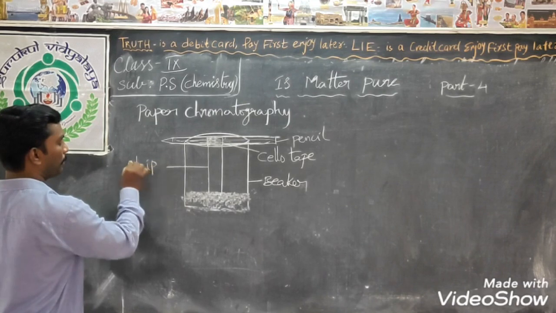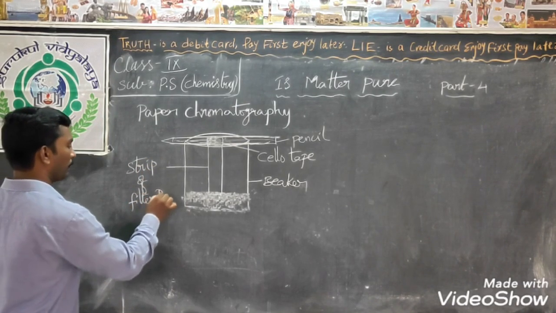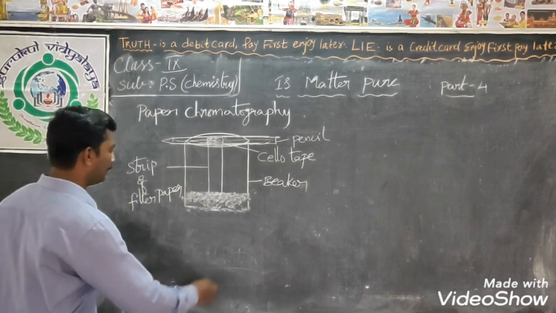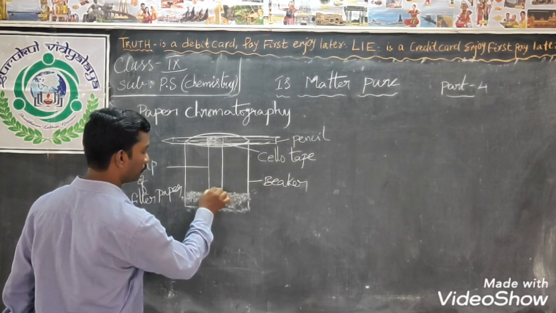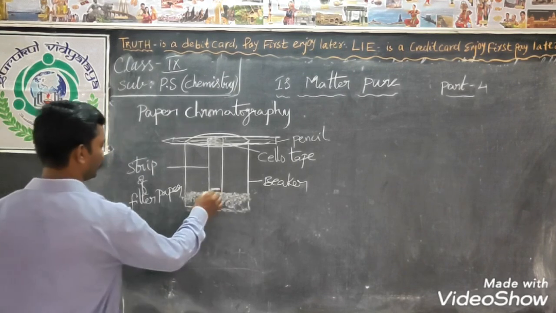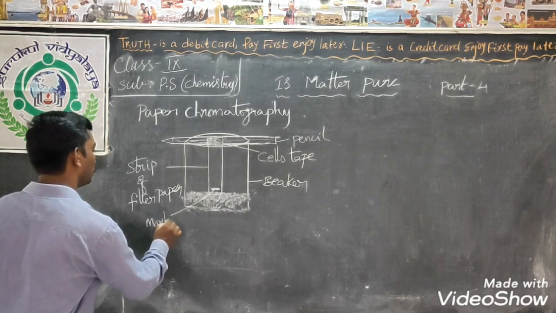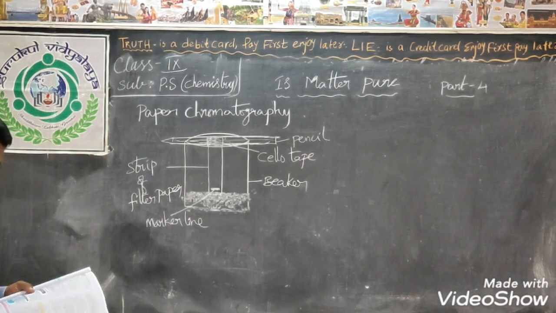Here is the strip of filter paper, and we have to keep one mark here with a marker. This is the marker line.